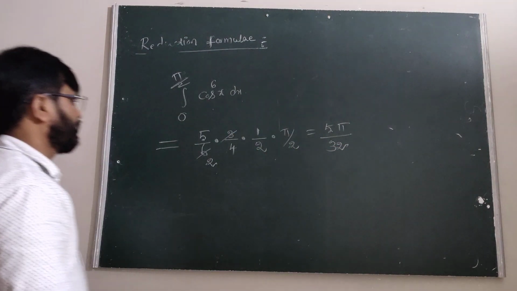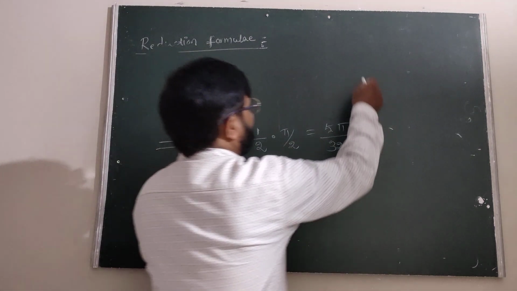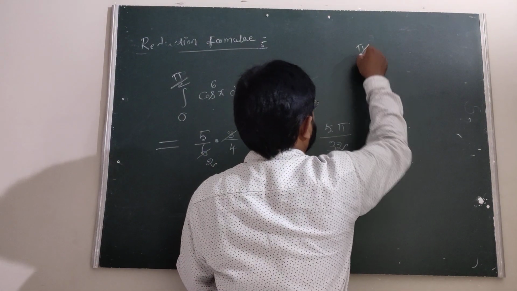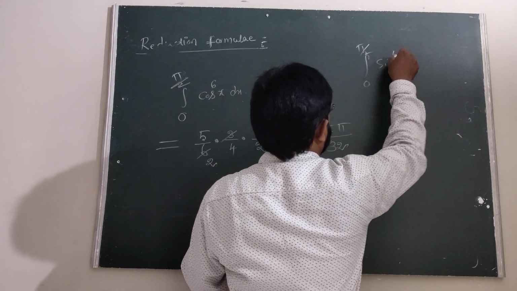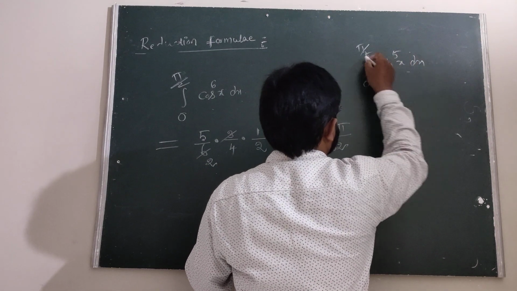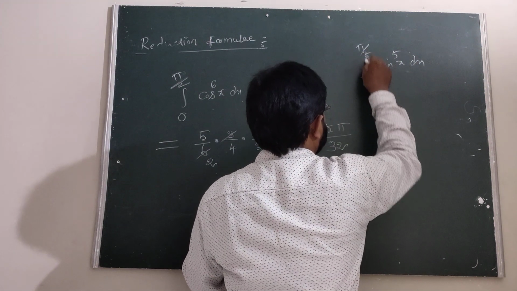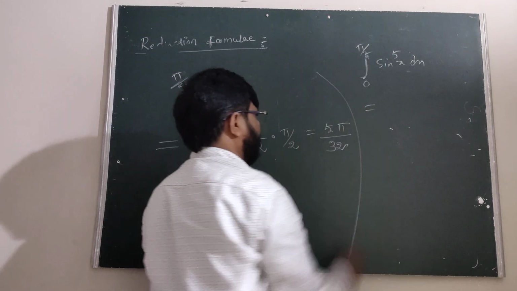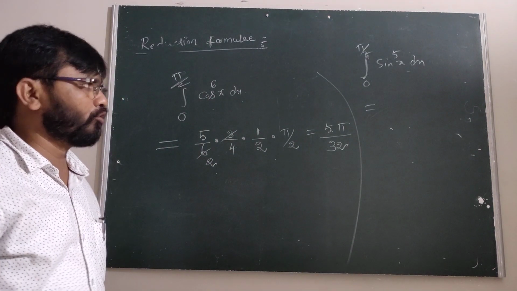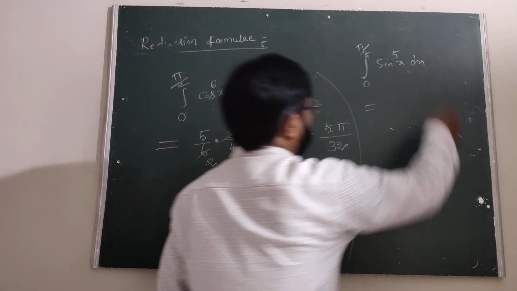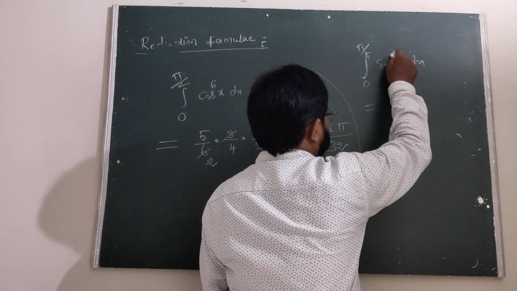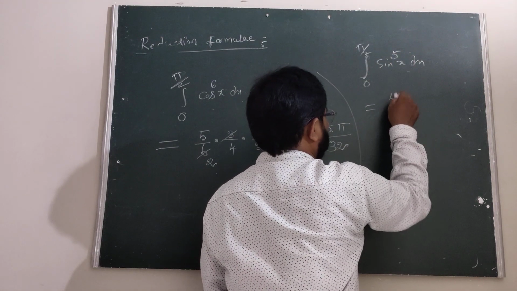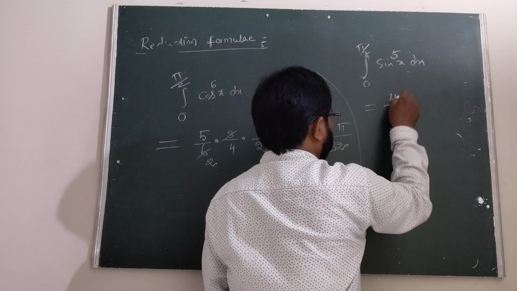How to find the value of the integral from 0 to pi by 2 of sin power 5x dx. The first observation is the limits 0 to pi by 2. Just now we found n minus 1, 5 minus 1 is 4, so 4 by 5.